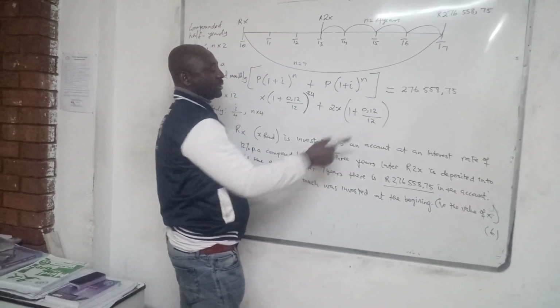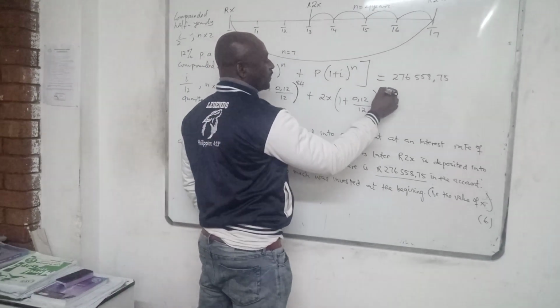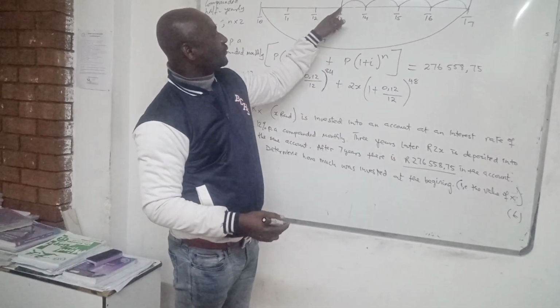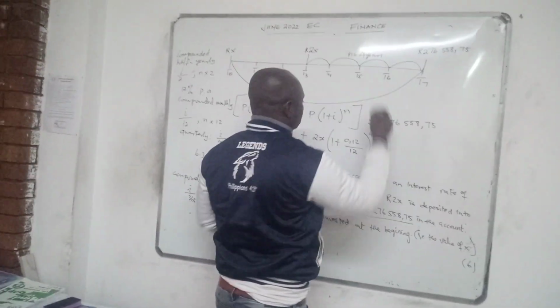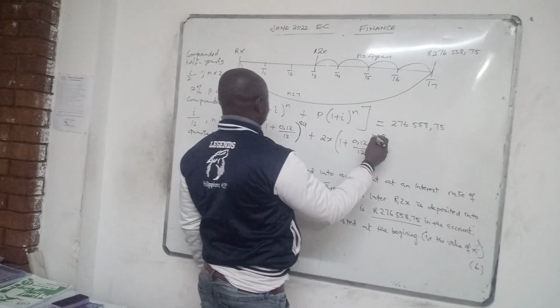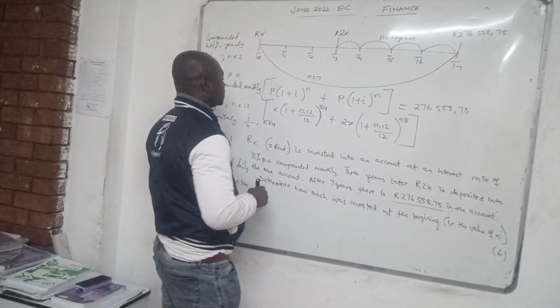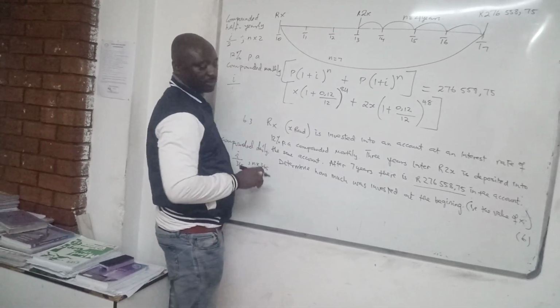What is our n here? 4 times 12 will give us 48 months. Because here we said the duration for the investment between these two is 4 years. So it's 48 months here. All this must be in one bracket. I hope you see what is happening there, right?